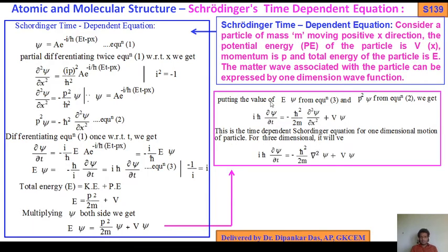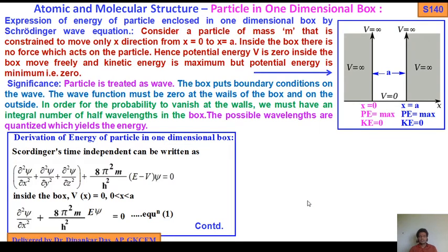Next we move on to the energy of a particle in a one dimensional box. This is another very important topic. Its derivation must come in the exam, because you have to find the final derivation of energy. This is also under atomic and molecular structure in the same chapter.